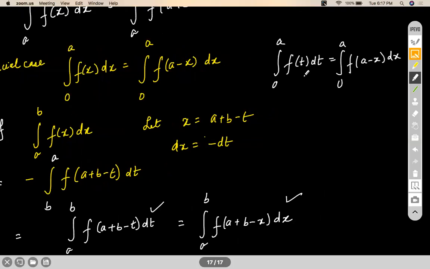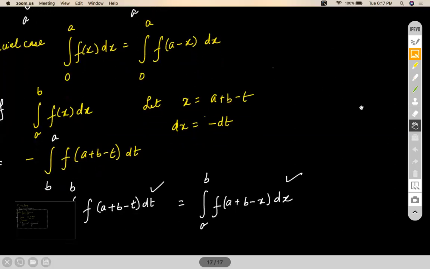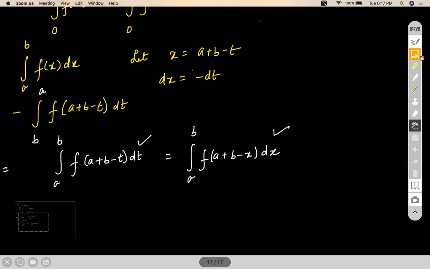Nothing is going to change. Both will yield the same result, because ultimately the name of the variable doesn't matter. Yes, the function matters. The function should not change. Getting my point? Any question anybody has? So this is your RHS and hence proved.